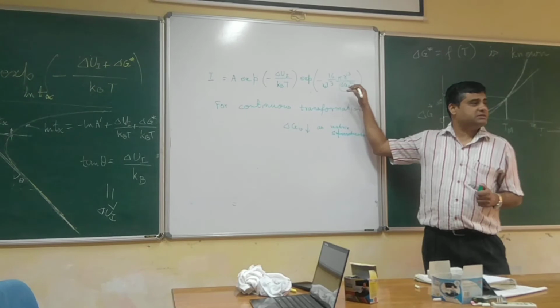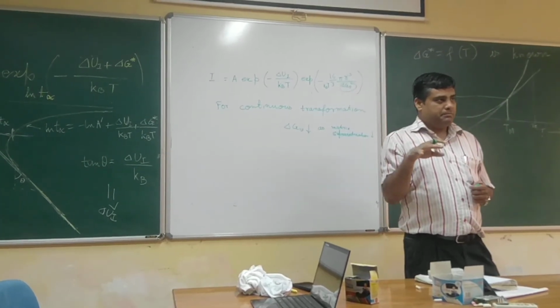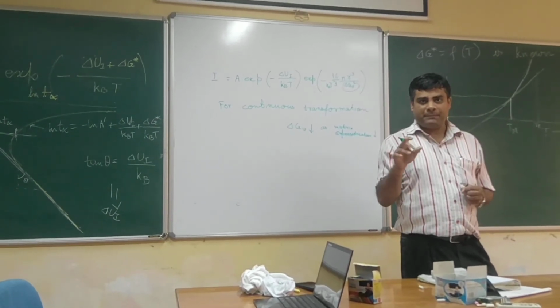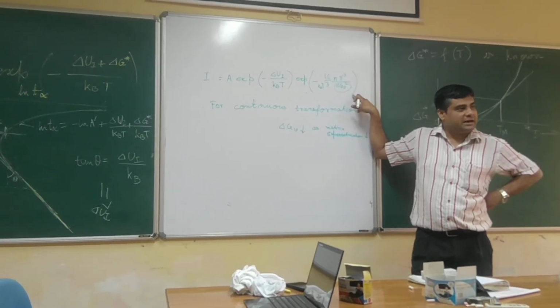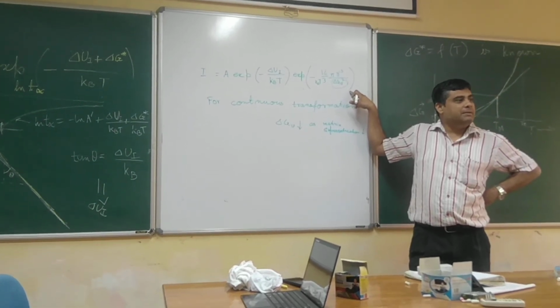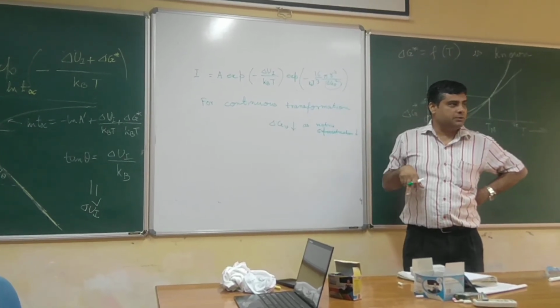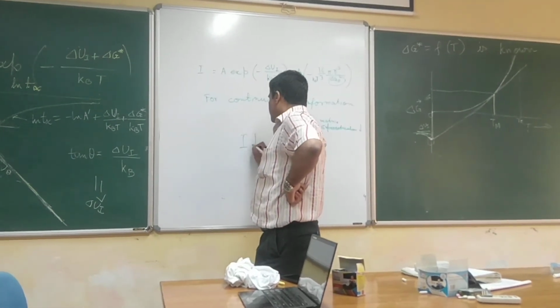That means delta GV is not changing if you are holding at a particular temperature. But for continuous transformation, even if you are holding at a temperature, delta GV is a function of temperature. Even if you hold at a particular temperature, as matrix composition comes down, supersaturation comes down, delta GV is coming down. That means your nucleation rate also comes down.